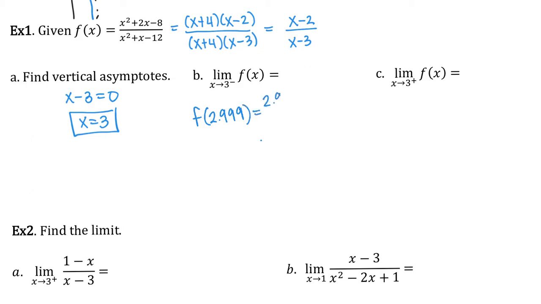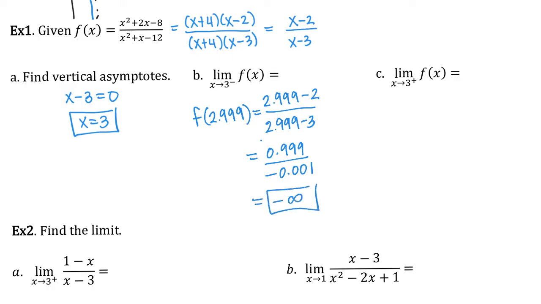If I do 2.999 minus 2 over 2.999 minus 3, what am I going to have? 0.999 divided by negative 0.001. If I have some number divided by a negative 0, I'm going to end up with negative infinity. So as x approaches 3 from the negative side of f of x, y is approaching negative infinity.